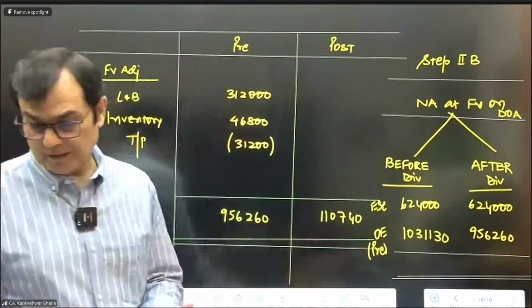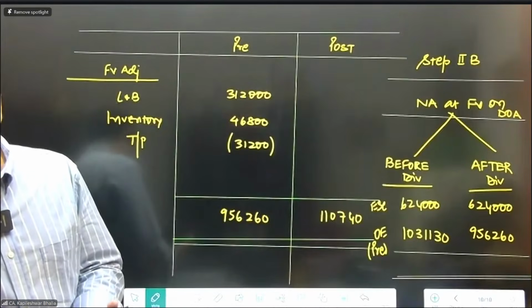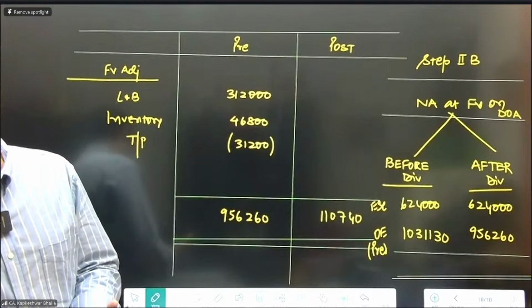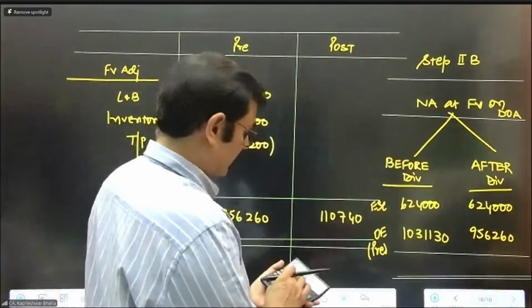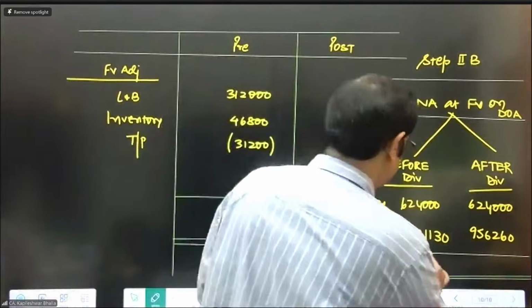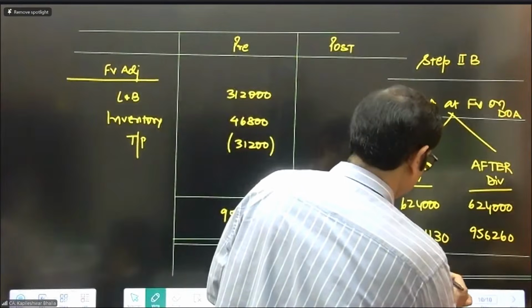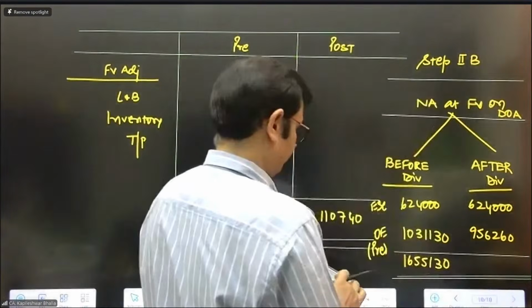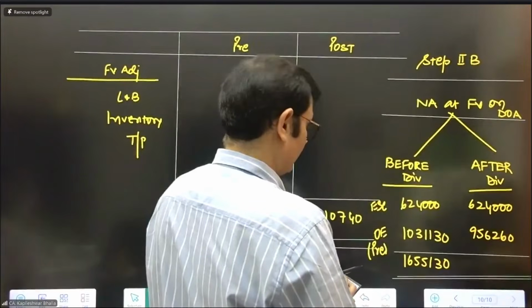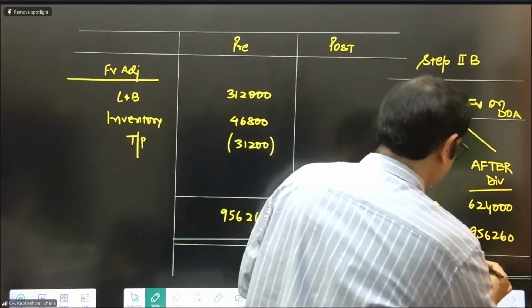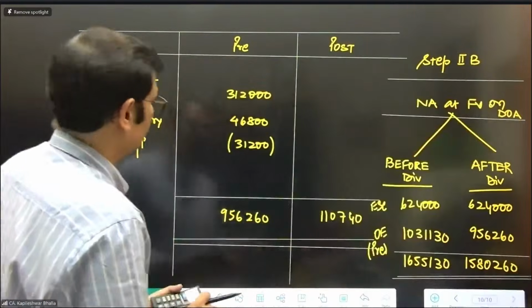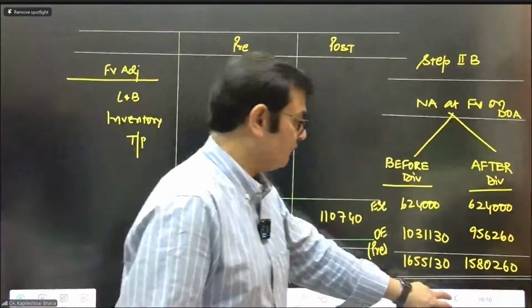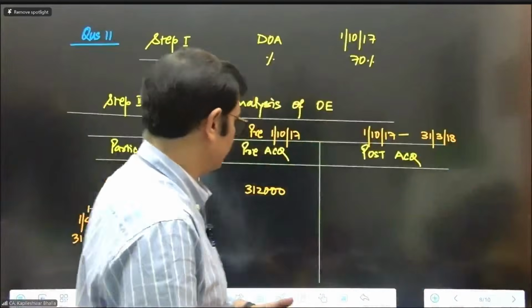Yes, 10,31,130. Okay, so with this information in hand, we are in a comfortable position to add this up. This is 1655,130, and this is 158,260. Let me cross verify the sum total of these figures.